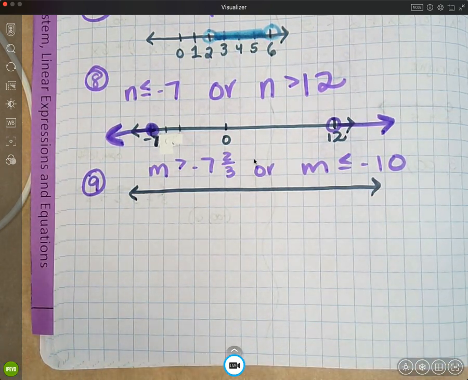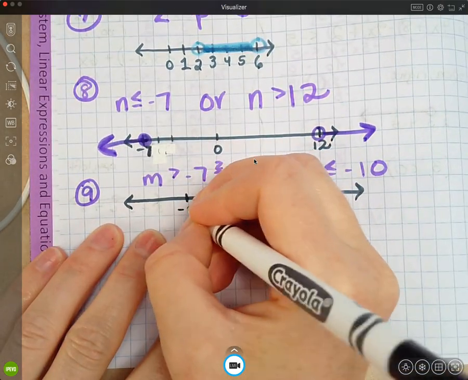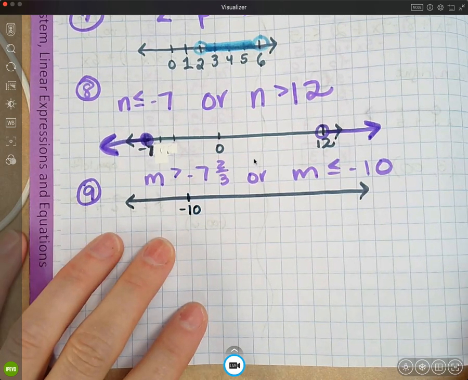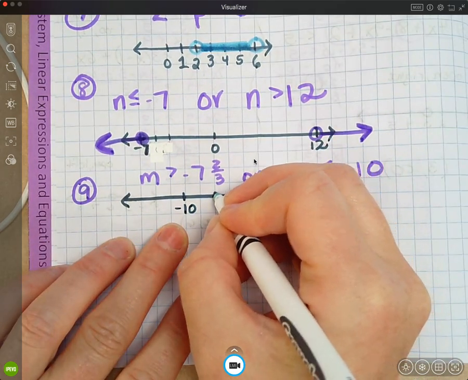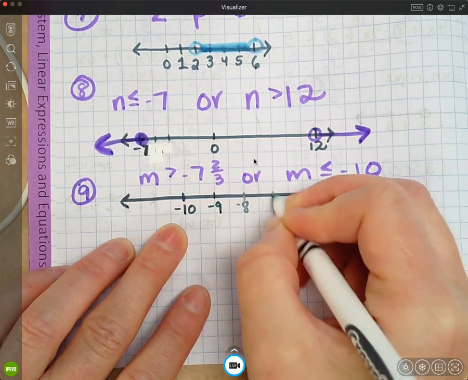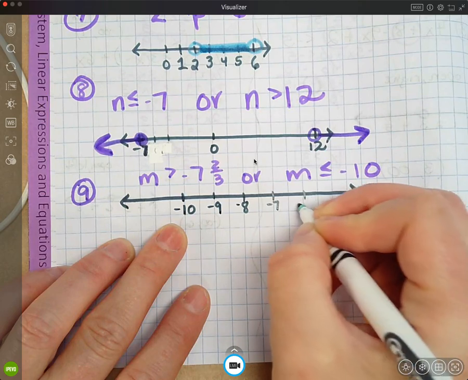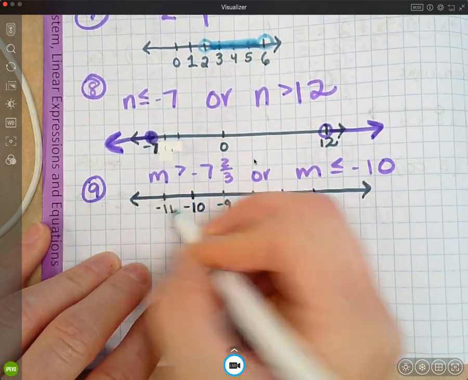Okay, so which one's the leftmost number? Okay, so -10, -9, -8, -7, -6. I'm skipping a line. -11.